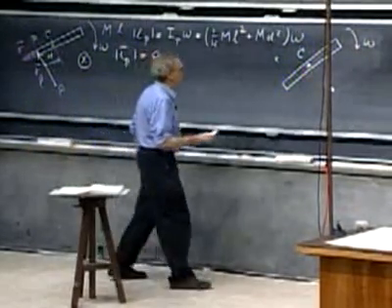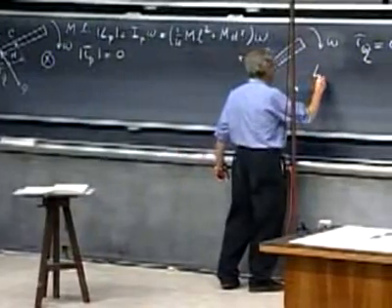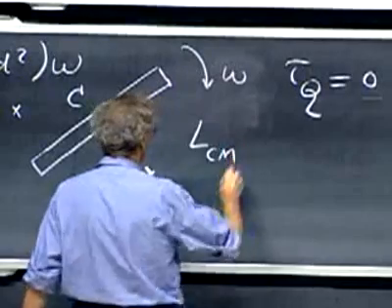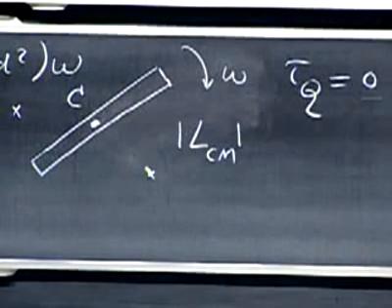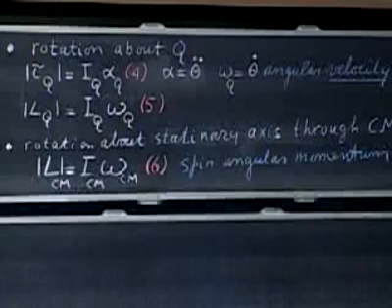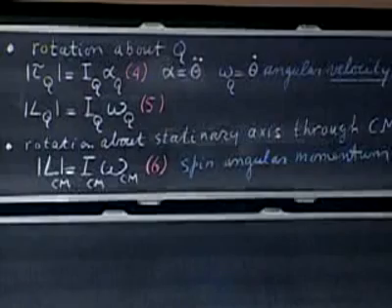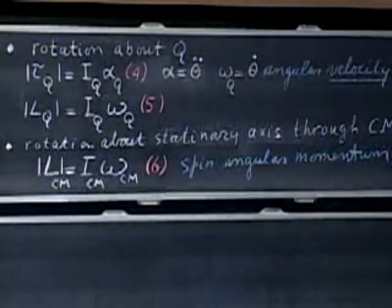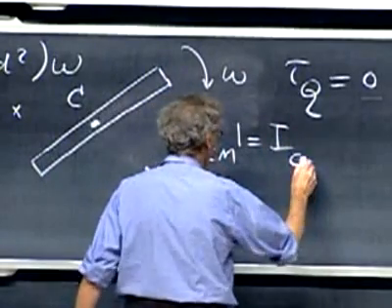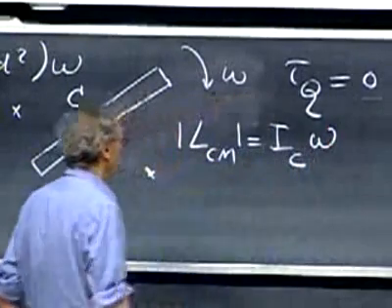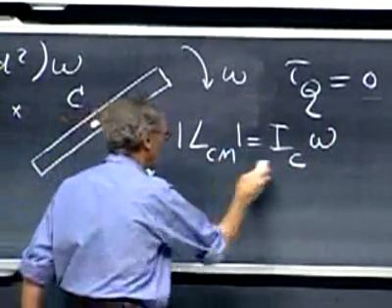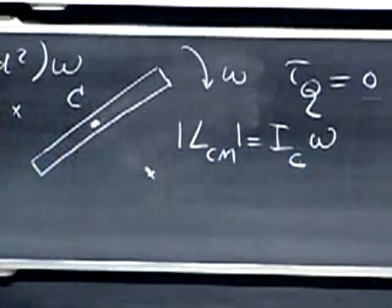And if you want to know how large it is, well, the magnitude of the angular momentum I calculated about C, which is the center of mass, is simply equation number 6, the moment of inertia about that point C, the center of mass, times omega about the center of mass. So C, M, center of mass, and C are the same point.